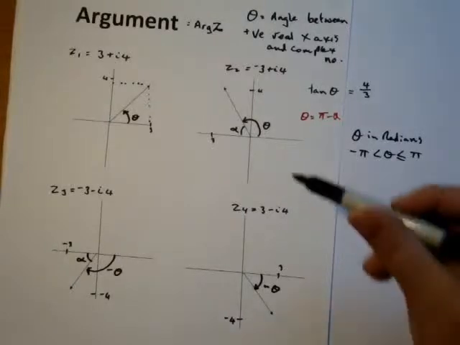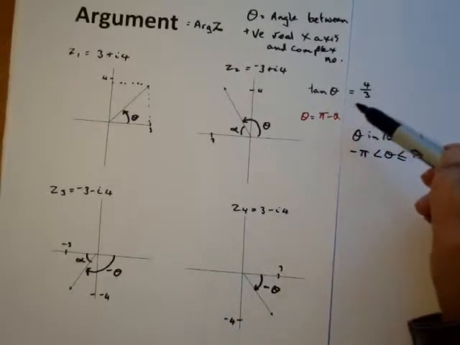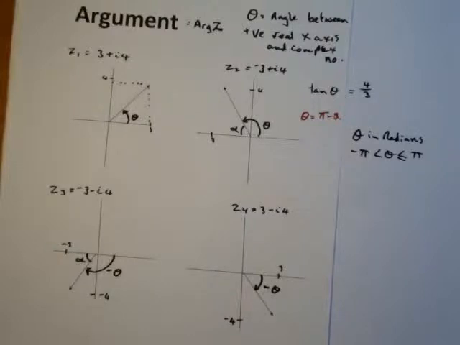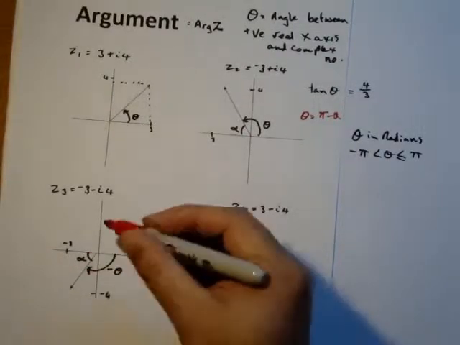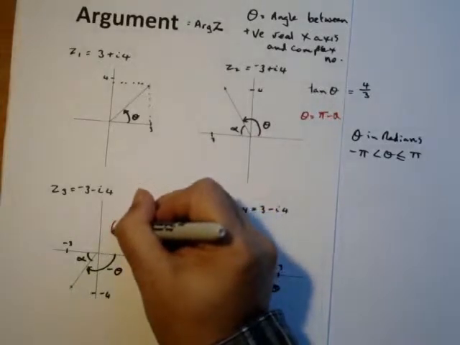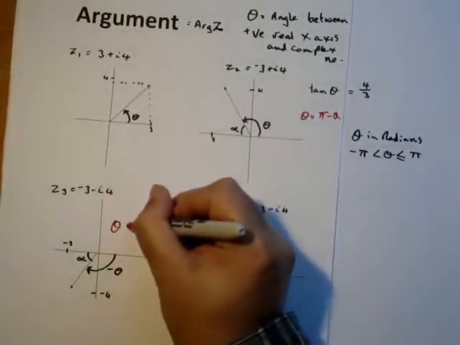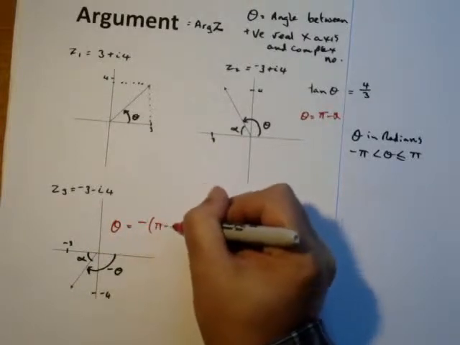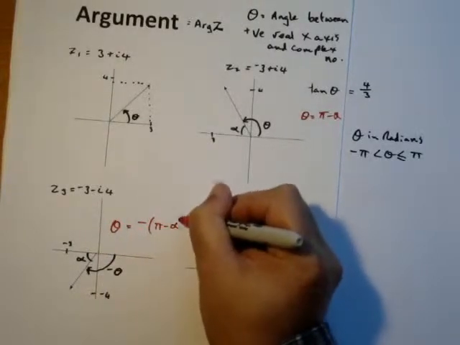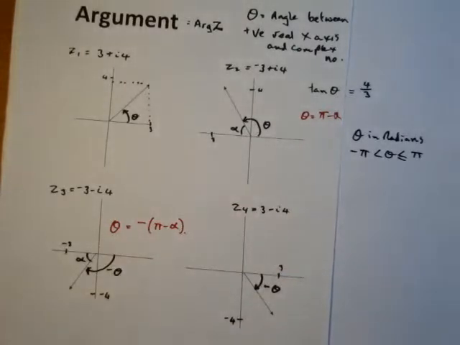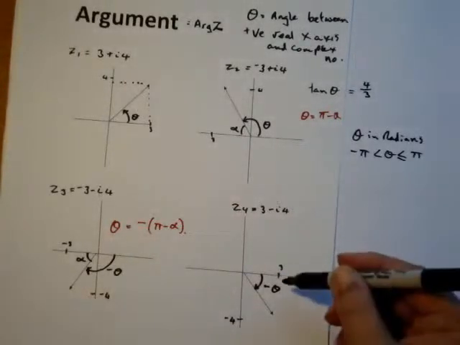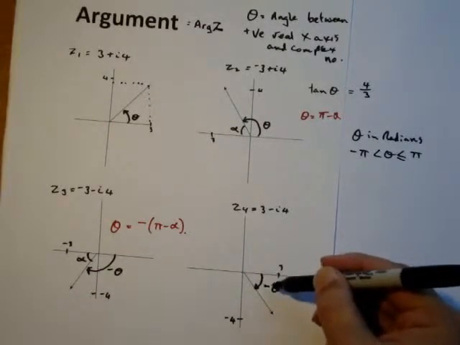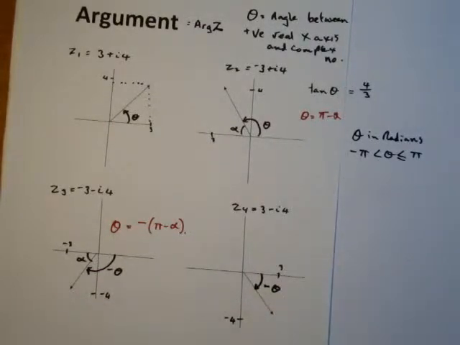So in this case, theta would be pi minus alpha, and then the other case, this one was z3, when it's in the third quadrant, theta would be minus pi minus alpha. So those are the two cases we've got to bear in mind, as well as this fourth case where we're going anti-clockwise, and that would be minus theta.